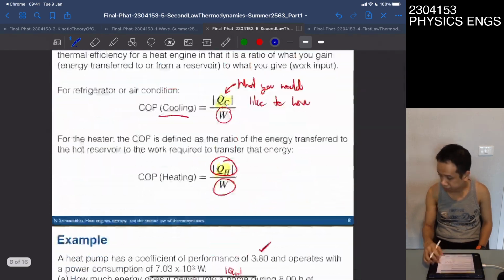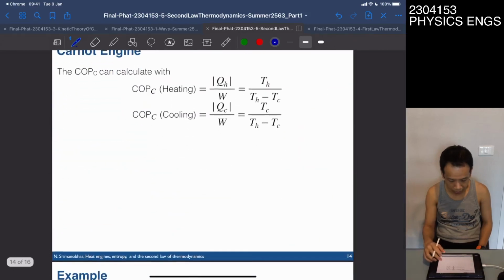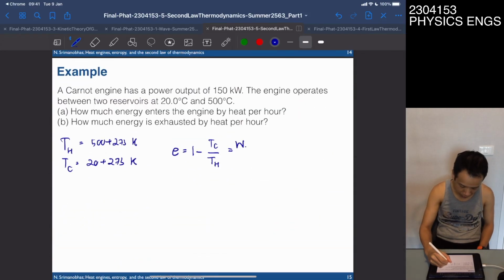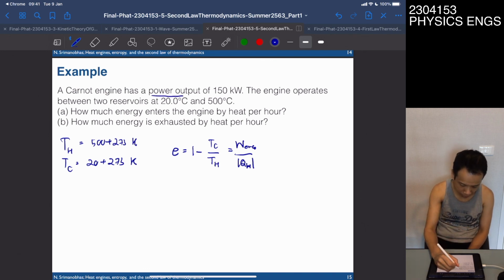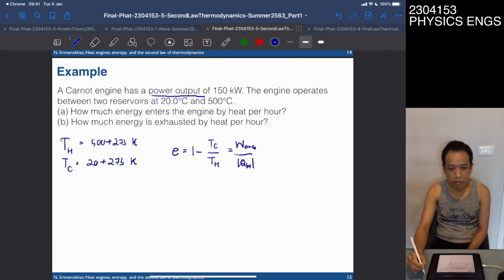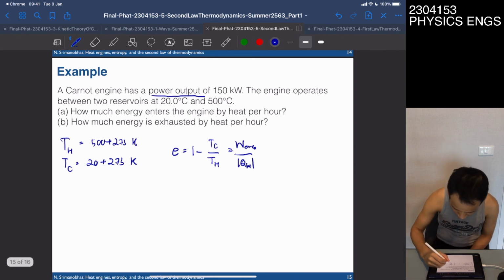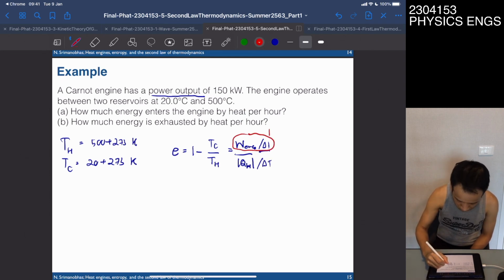Now the problem says power output, so it means the work done in time. You divide by delta T, and then you divide here by delta T, so the top one becomes the power.